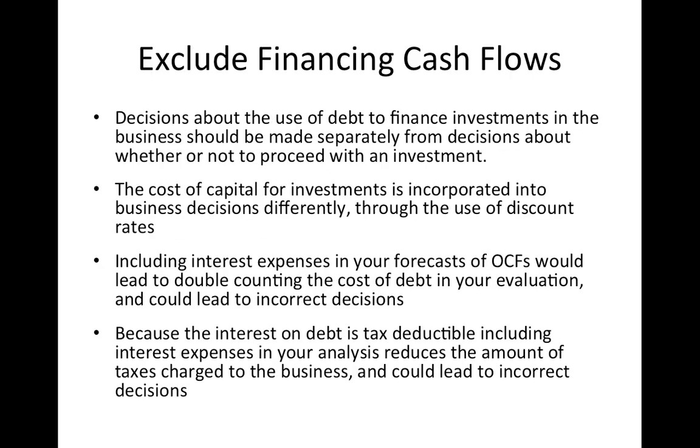The last concept we want to talk about is excluding the financing cash flows. I know that we need to consider those in making the decision, all right? But here's a couple of things that are true. First of all, it's one thing to assume that you need money, financing maybe. It's another thing to start making assumptions about how much of it's going to come from debt, how much of it's going to be borrowed at this rate with this much interest, and how long is it going to be borrowed, and all that sort of stuff.